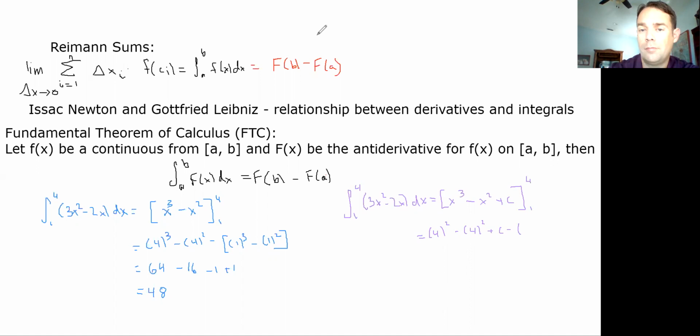Minus, notice how I always have to put the f of a part in a bracket because I got to remember that negative there, I have to distribute it. And I'm not going to go through and evaluate this all the way down. We'll go one more step with it. So if I put the plus c there, we end up with 64. I guess I will probably just put the 48 after this here in a second, plus c, minus 1 plus c minus c.